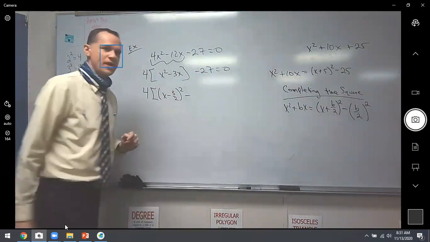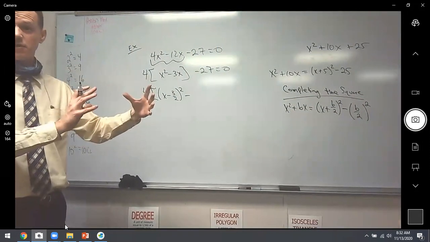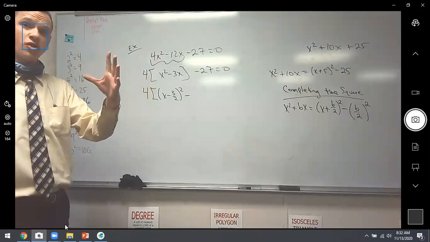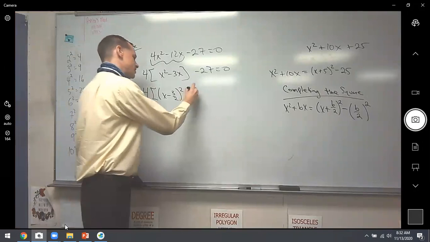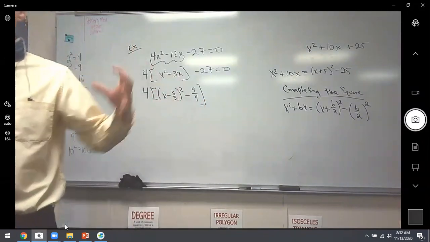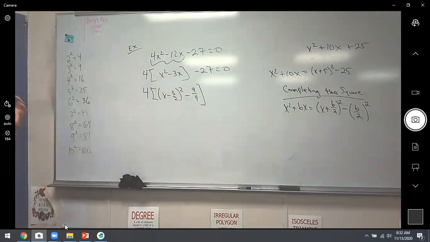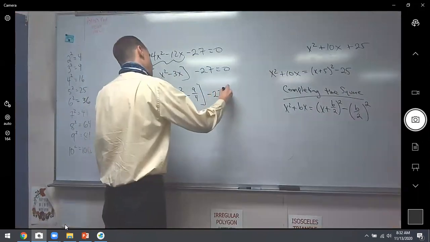Now, what's negative 3/2 squared? Negative 3/2 times negative 3/2. Negative times a negative is positive, right? 3/2 times 3/2 straight across, that's 9/4. Would you agree? Okay, so minus 9/4. And that's all in that bracket, because all that stuff in that bracket was what I was completing the square on. And you got a minus 27 equals 0.